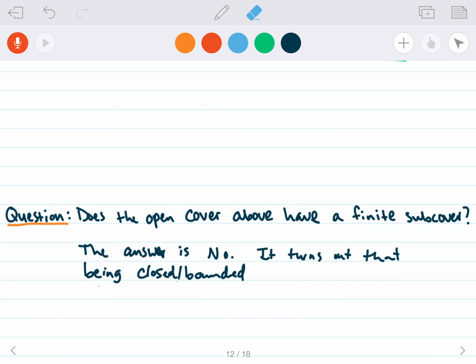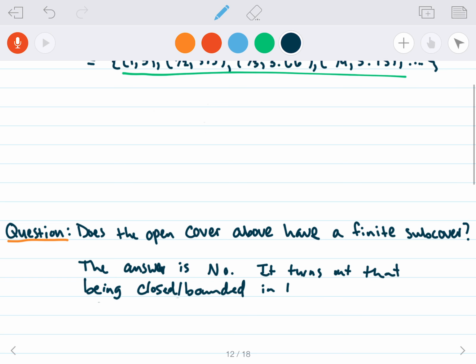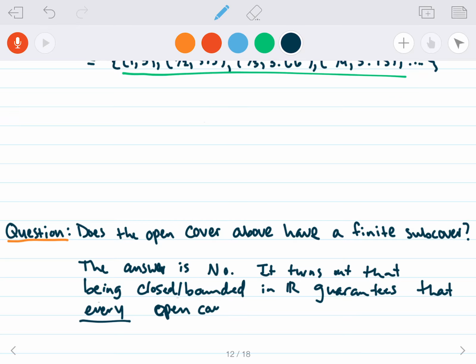Okay, so being closed and bounded in R guarantees that every single open cover of the set has a finite subcover.